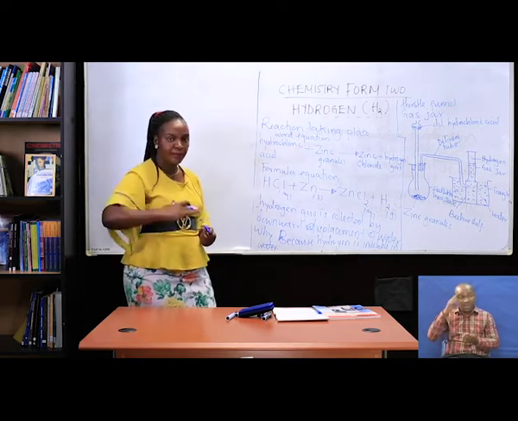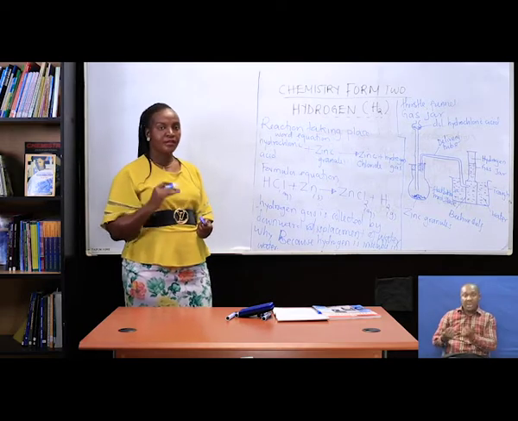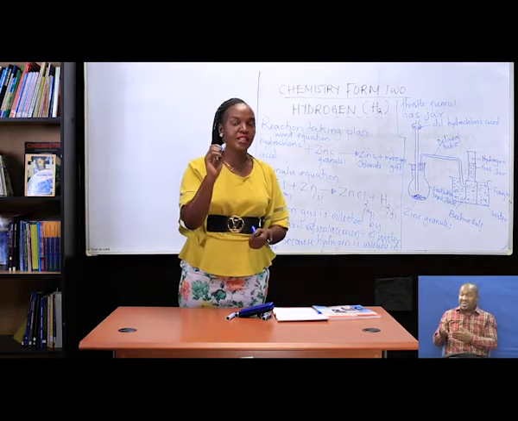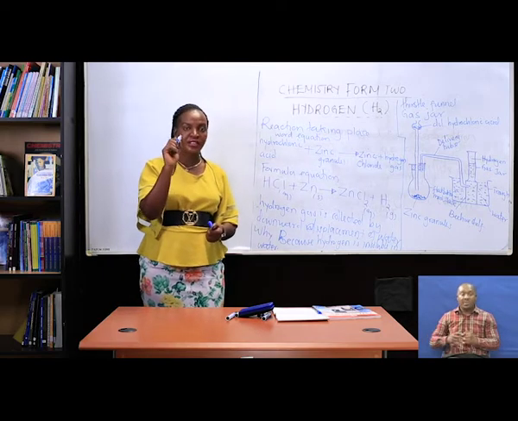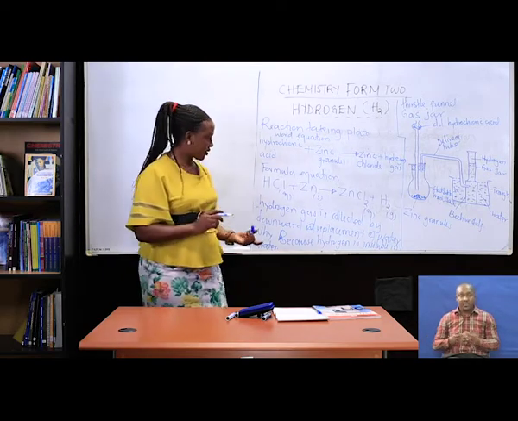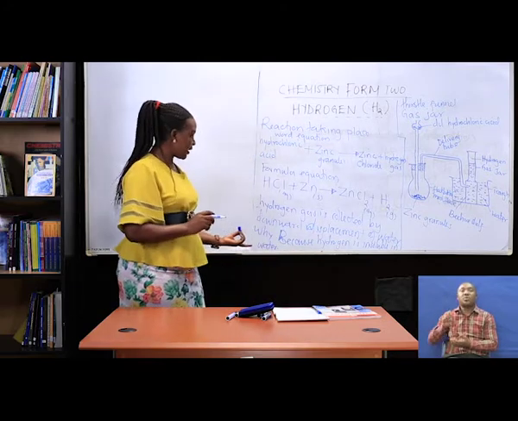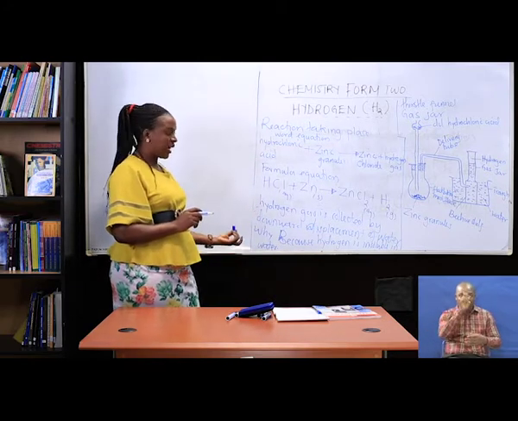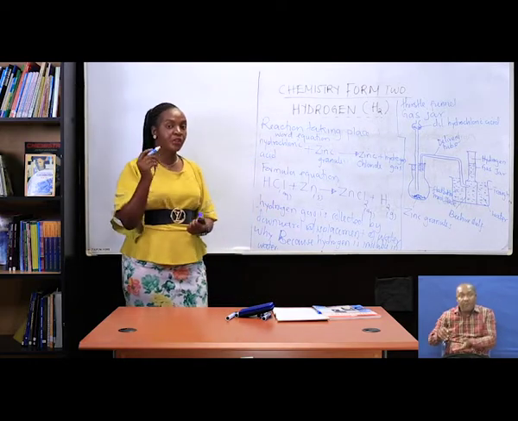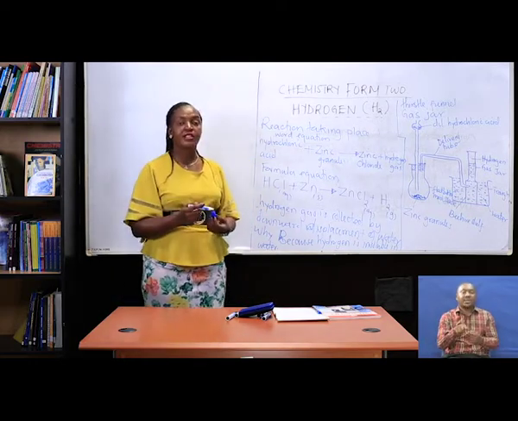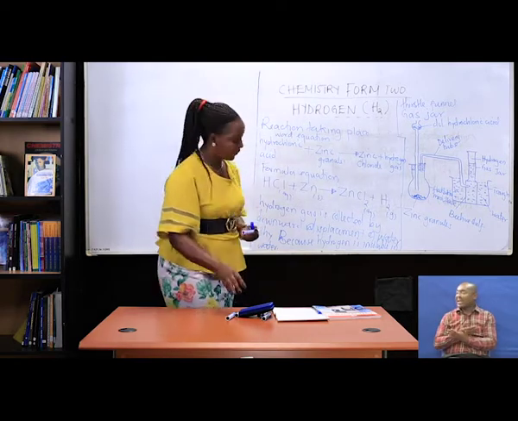Water will be displaced downward. The reason is because hydrogen does not dissolve in water. So if you are given a question, explain why do we collect hydrogen by downward displacement of water, the answer is because hydrogen is insoluble in water.